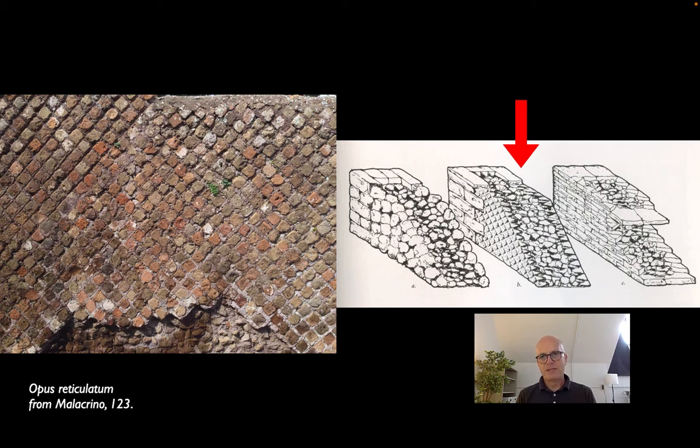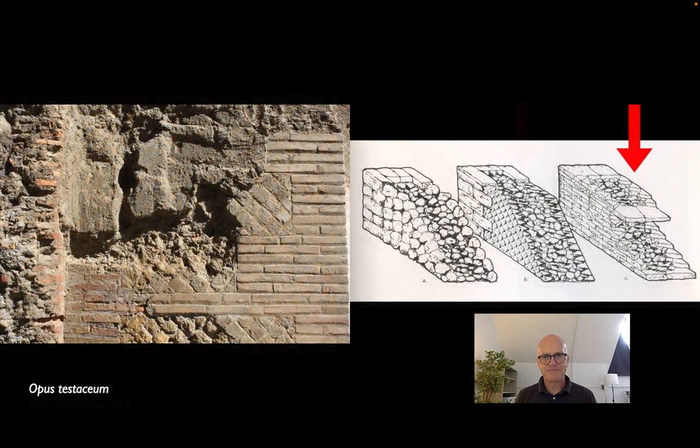And then the point of the brick, as you can see from the drawing, is engaged with the rubble and cement core of the wall on the inside. So it's a way of creating a bonding between the skin and the structural core on the inside. A little bit more formal, something that we see a lot in warehouse construction or what we think of as commercial buildings in a place like Ostia.